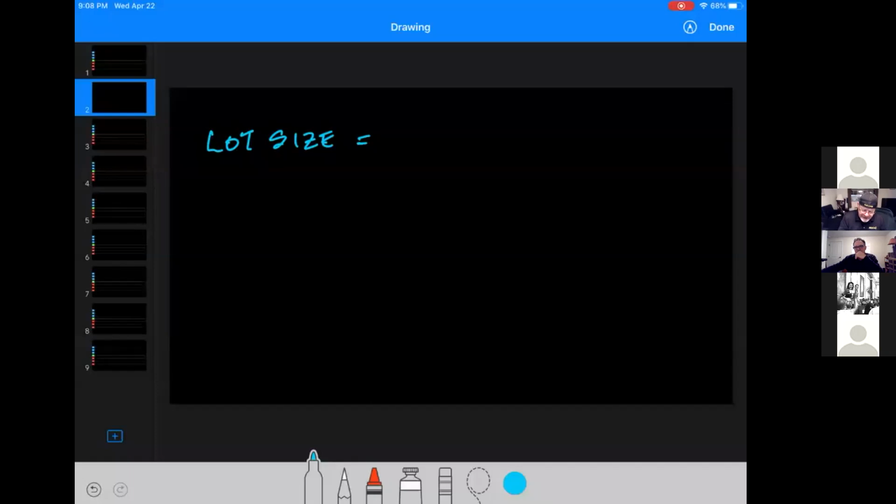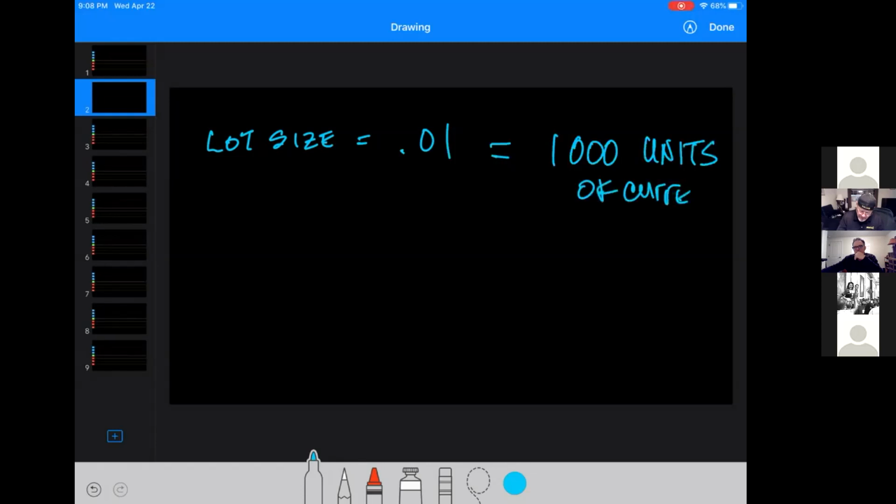But the smallest lot size is a 0.01, okay? And a 0.01 is worth 1,000 units of currency. Now, why did I not say $1,000? Because not everything is a dollar, right? Units of currency, all right?